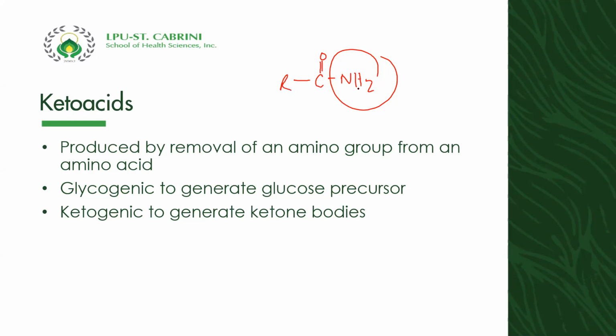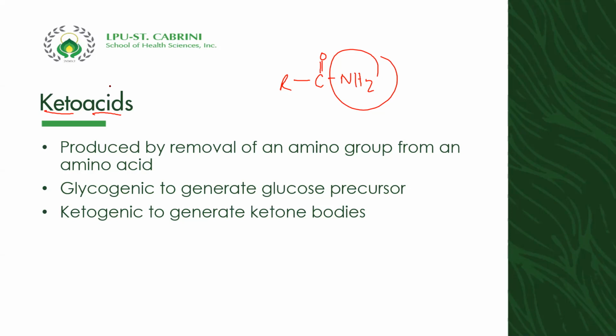This is because the removal of the amino group will be substituted by another carbon, thus there will be a carbon double bond with oxygen, leading to ketones. Why acids? Because of the carboxyl group attached to the long chain of carbons.